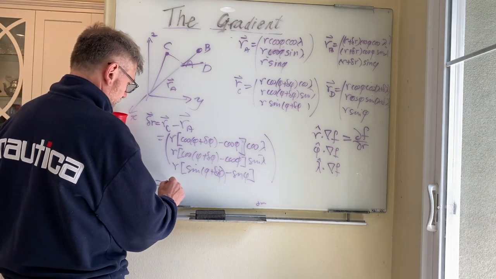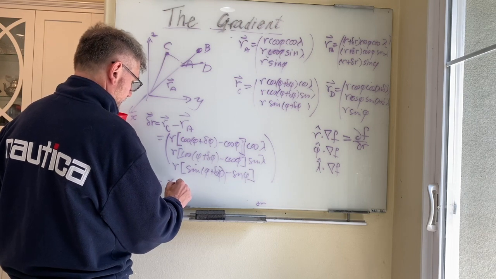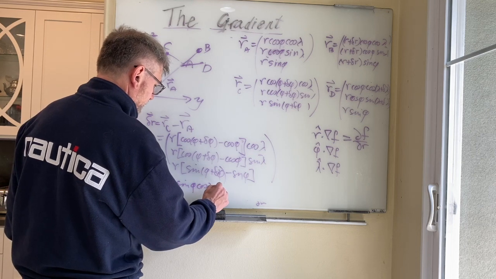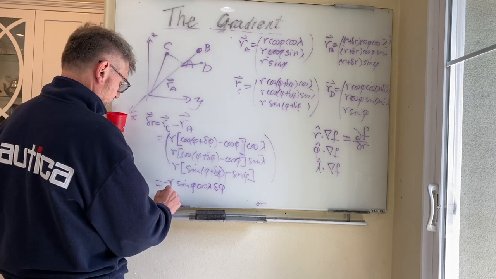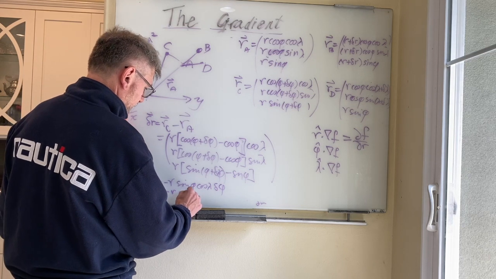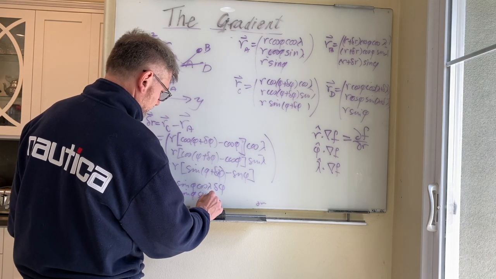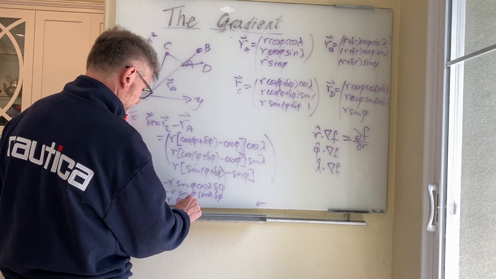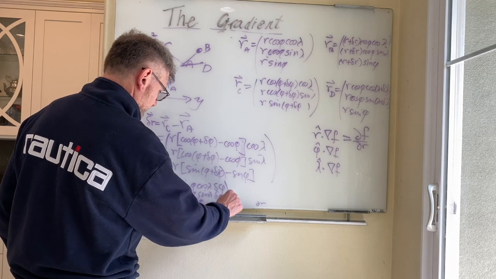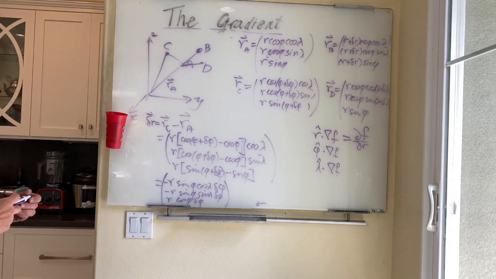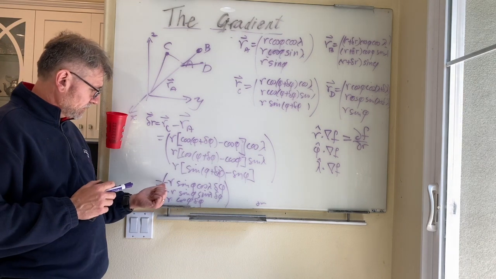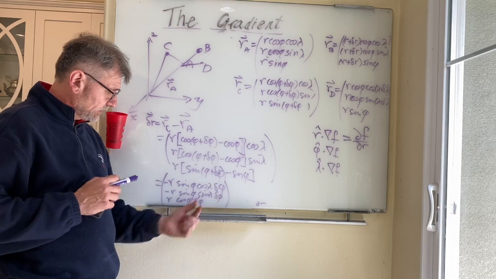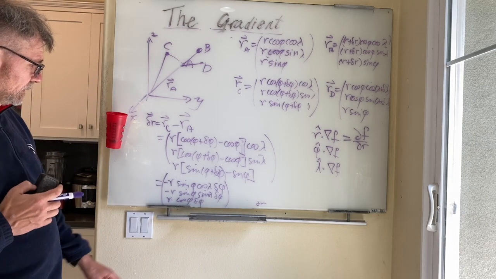So this will be equal to minus r sine phi cosine lambda delta phi, minus r sine phi sine lambda delta phi, and r cosine phi delta phi. The derivative of cosine is minus sine, so I get minus sine, and here's the finite difference, but if delta phi is small, I could just multiply by delta phi.